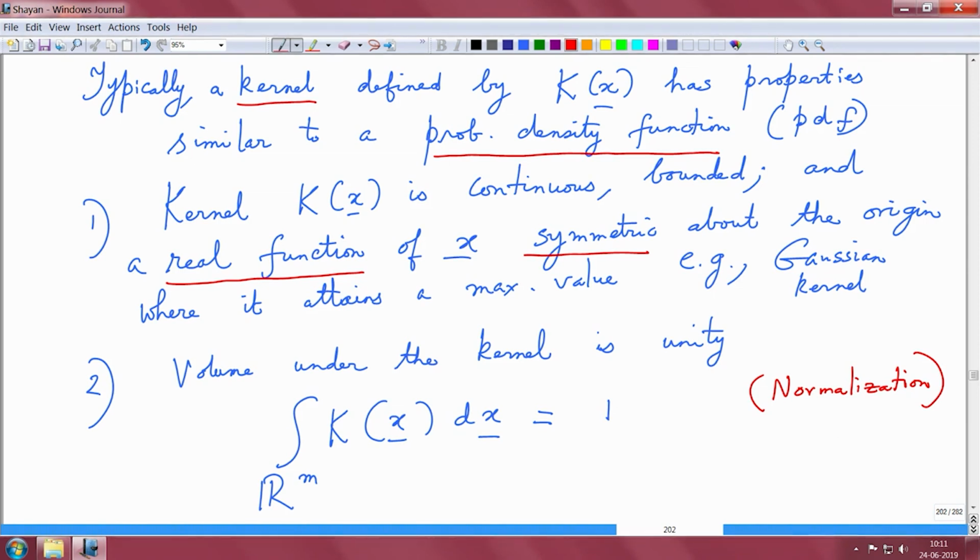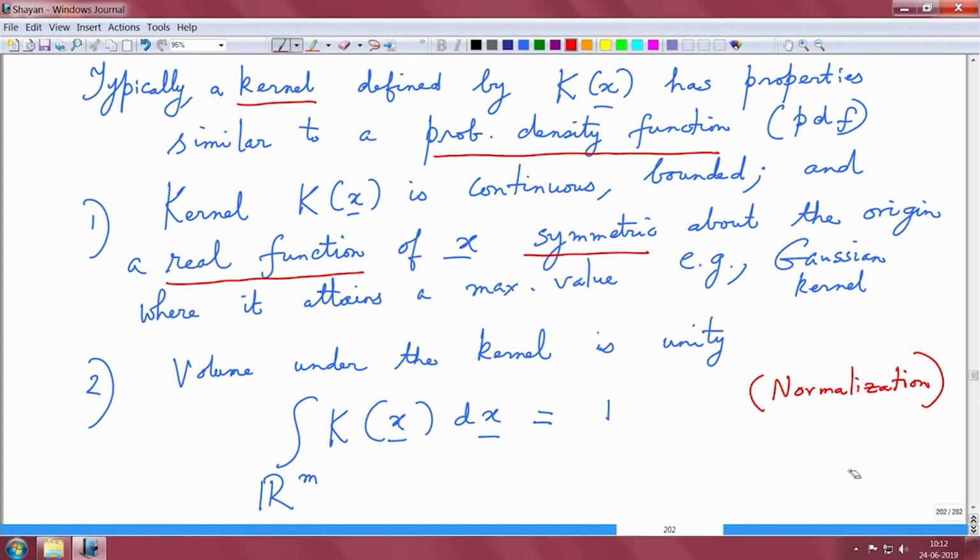Good examples of such kernels are the Gaussian kernel. You can also have a cosine kernel, you can have a parabolic kernel, so on and so forth. You can also have a triangle kind of thing, which can also possibly be a kernel, but it has a sharp point which is not smooth, right.